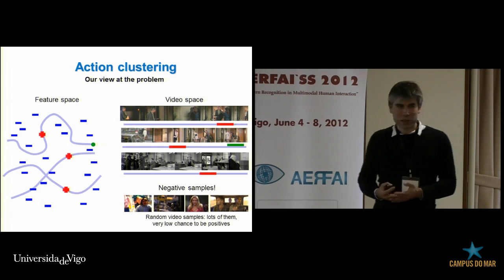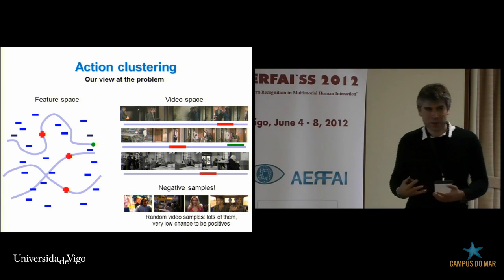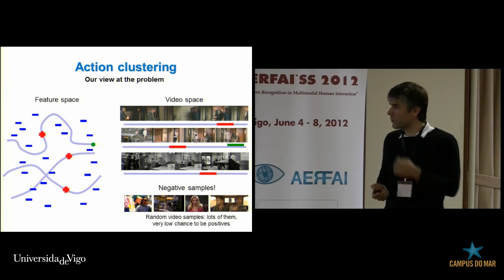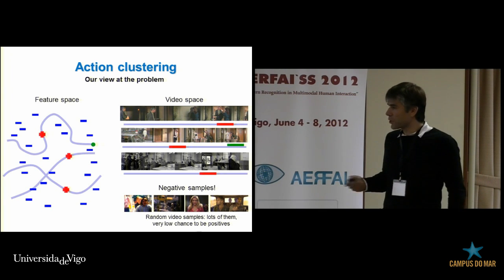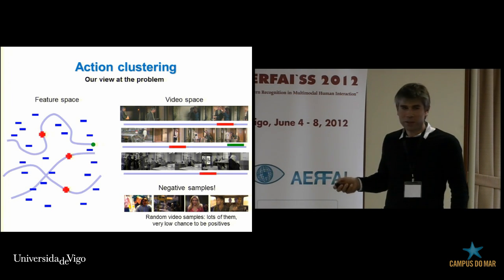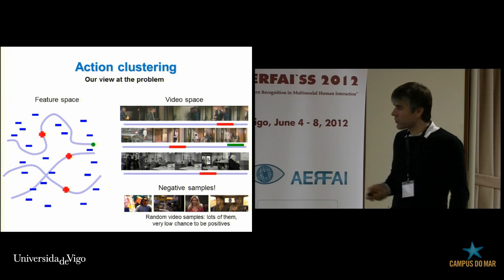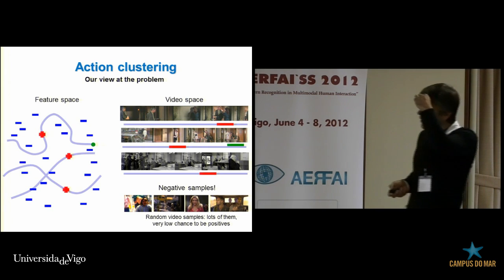Eventually, there could be positives in the negative data, but because they're so rare, we hope to be robust to it. So what the negative data says is that at this part of the trajectories, we are not expecting to see any positives. This is what's going on.